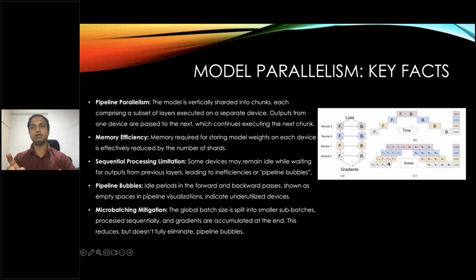There is, however, a drawback: it creates something called pipeline bubbles, which means you have to optimize the time in which these losses are computed. So there's something called micro-batching instead of normal batching. It is divided into sub-batches, and you see in the figure that all of these forward passes and backward gradients are computed accordingly.